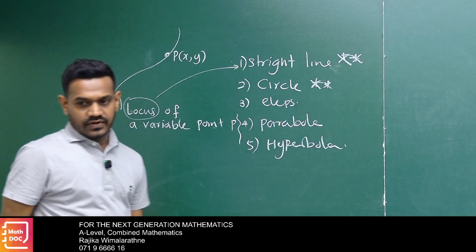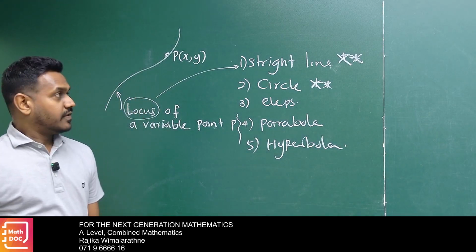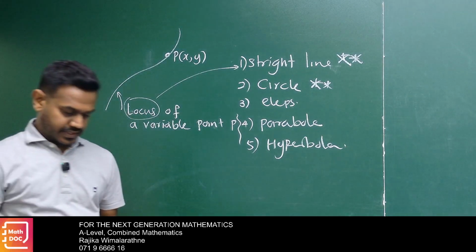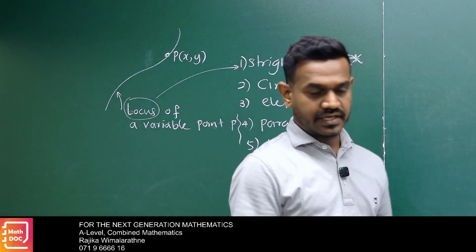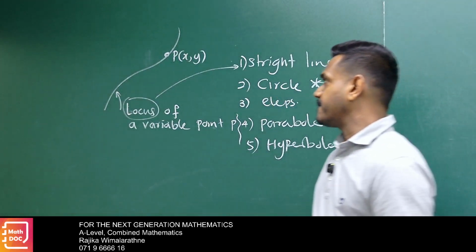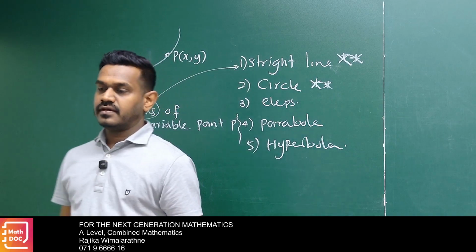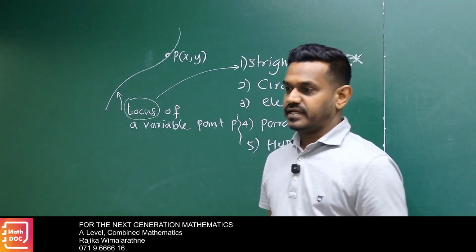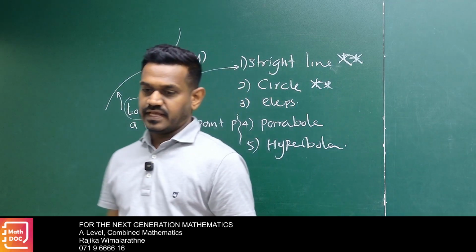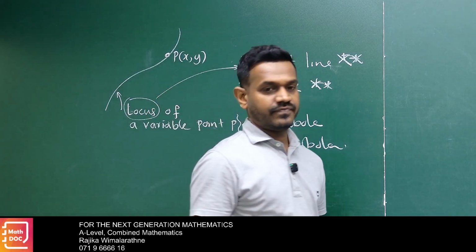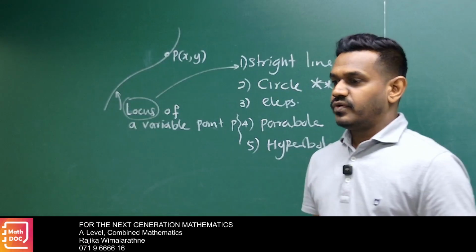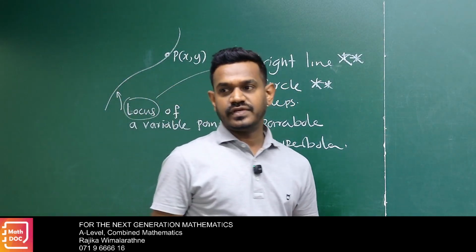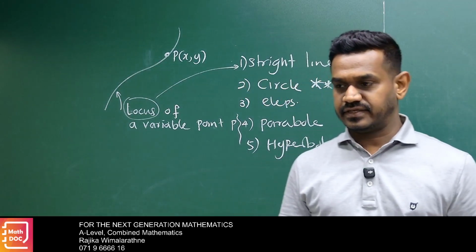But anyway, when finding locus, we have one technique. Okay. You have space, no? Locus of a variable point. Okay, just write somewhere there. Let a variable point P, which varies with a certain geometrical condition.